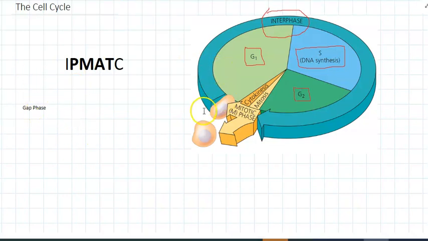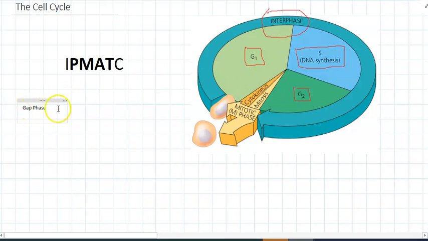Okay, so firstly, when the cell's first made, it enters the first G phase, or the G1 phase, and G stands for gap. Originally, scientists thought that gap meant that nothing was happening in the cell, except now we know that the cell's completely active, all its processes are happening, it's just not doing anything that's related to replicating and dividing.